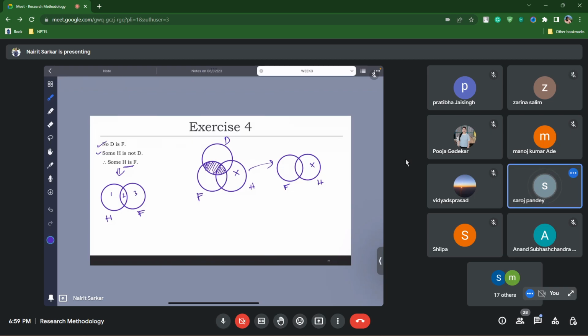In 2. So as you can see, this one and this one are not similar, because X is here in between and X is here in the only H zone. That means it is invalid. Anyone having any confusions?